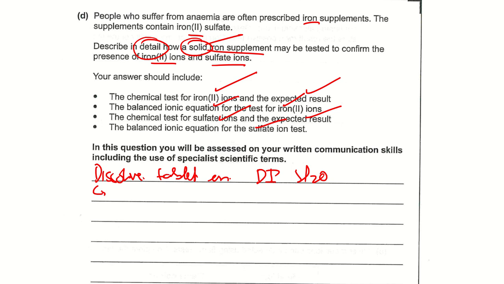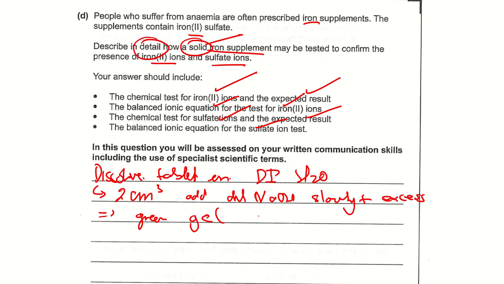We then take some of that, let's say 2 cubic centimeters, and we add dilute sodium hydroxide slowly, and then we add it in excess, and you will get a green gelatinous precipitate. The equation for that is Fe2+ plus 2OH- goes to iron 2 hydroxide. That's all the marks for the first one done.